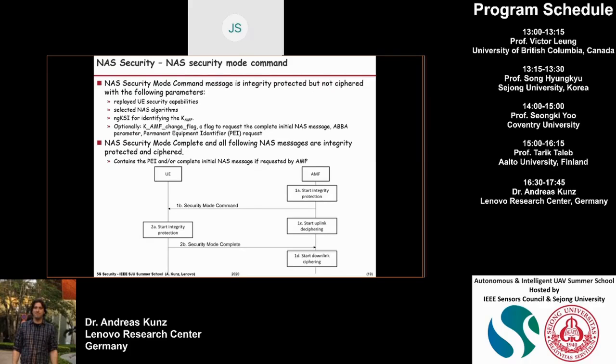So the UE then calculates its NAS keys based on the KAMF, because it has now enough information, and can send the complete NAS message or the security mode command or whatever was requested by the AMF in the response, in the security mode complete message. And then AMF and UE can start ciphering. Well, the UE already starts ciphering in step 2b, but the AMF will start ciphering once this security mode complete message is received.